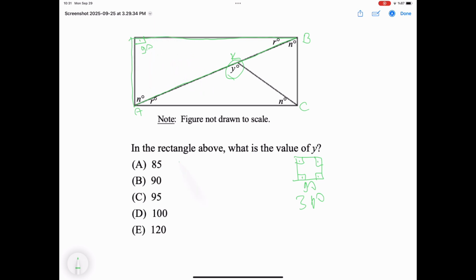We know that a triangle should have 180 degrees, and this has n value here and r value here. N plus r plus 90, which is here, should be 180. So n plus r is 90.